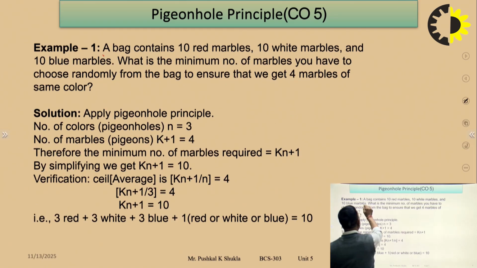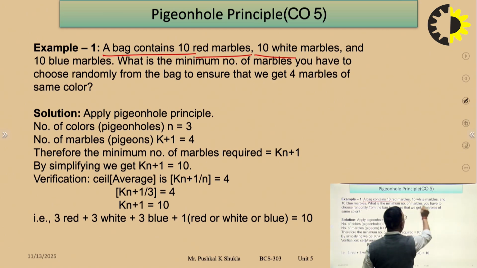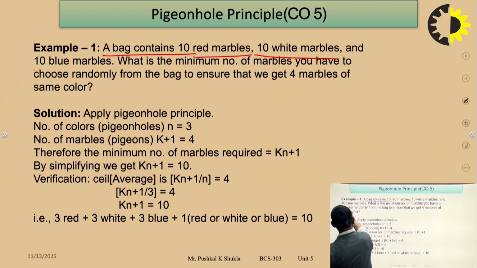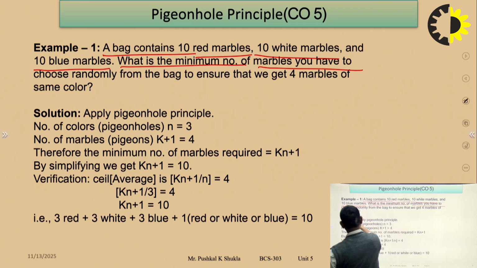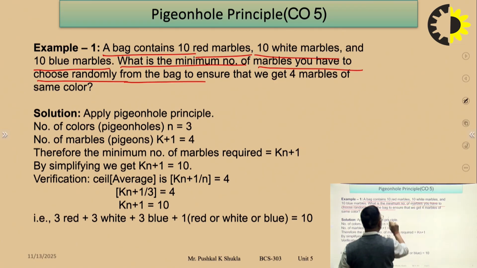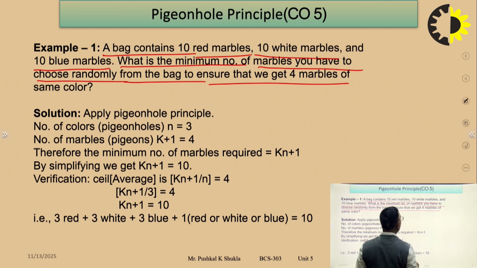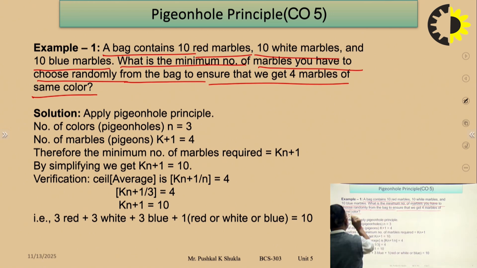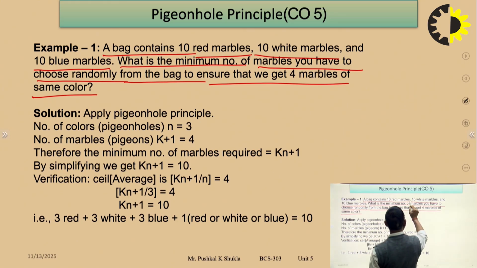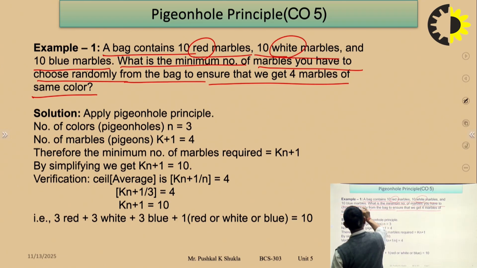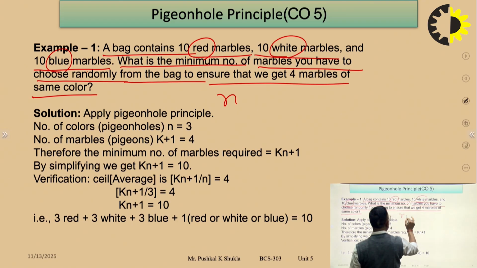Example: if a bag contains 10 red marbles, 10 white marbles and 10 blue marbles, what is the minimum number of marbles we have to choose randomly from the bag to ensure that we get 4 marbles of the same color? Here we see 10 marbles of red, 10 of white and 10 of blue. So n equals 3, 3 pigeonholes.